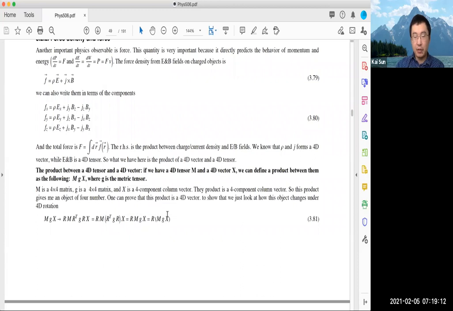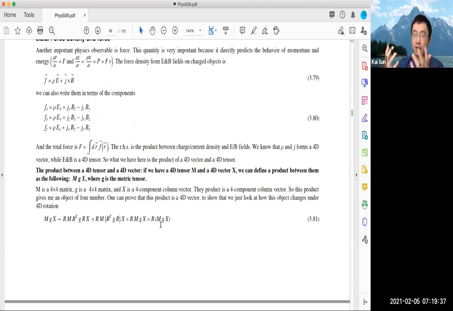If we group MGX together, we showed that under Lorentz boost, this whole thing becomes this. This means MGX is a vector, because for a vector under Lorentz boost, it transforms as R times this object. That's the definition of a 4D vector.